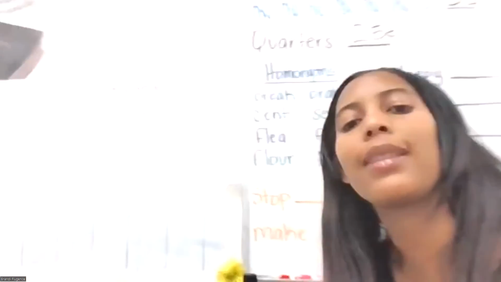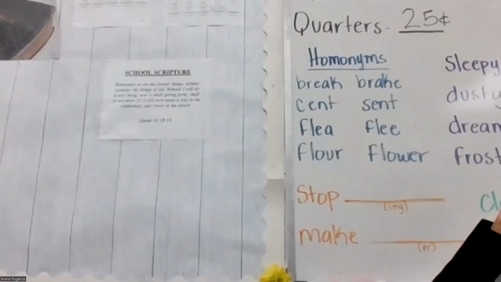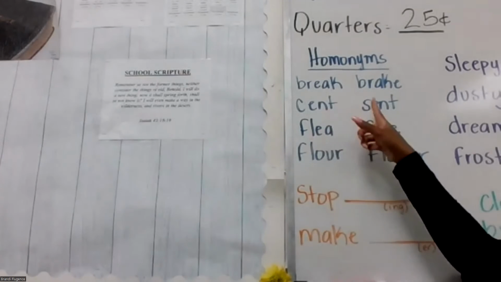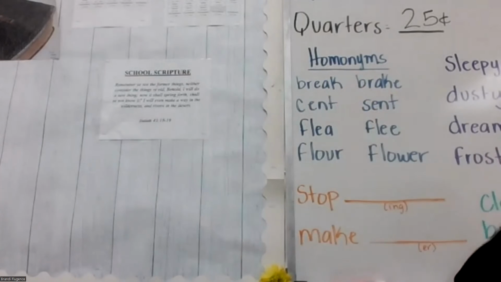Good. So I have some new ones today I just want to introduce to you. We have break and brake, like break whenever you drop something and it breaks, and then brake like hit the brakes in the car. We have cent and sent, cent like coins, and sent like I sent a pie home with you.